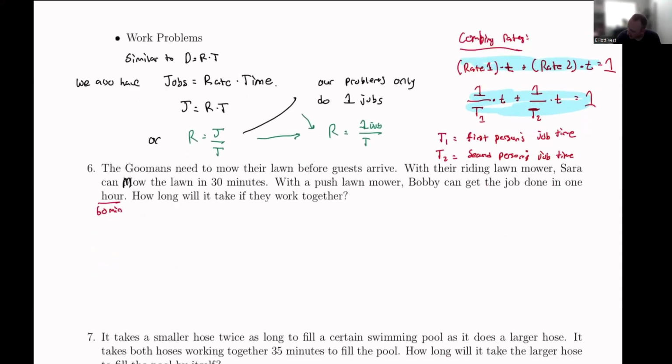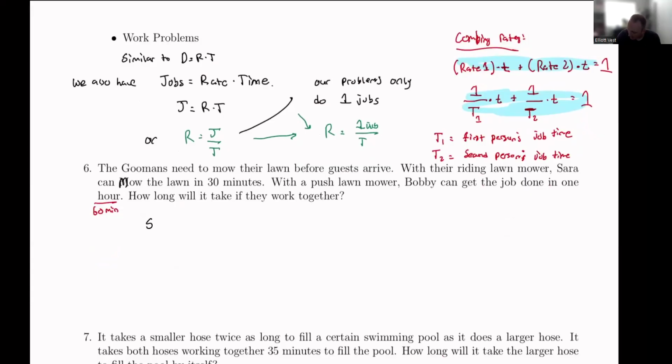Well, let's try this. What is Sarah's rate here? Sarah's rate, well, they can do one job in 30 minutes. That is using this formula here, right?